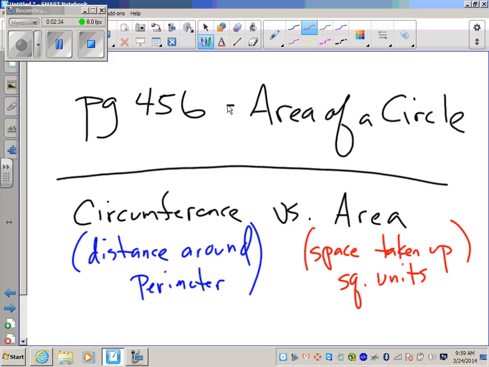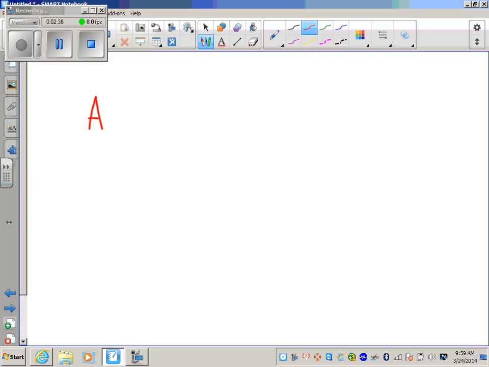Now, area of a circle. Area of a circle looks like this. We could decipher that and put that into language that you understand by saying pi, 3.14, times radius squared.